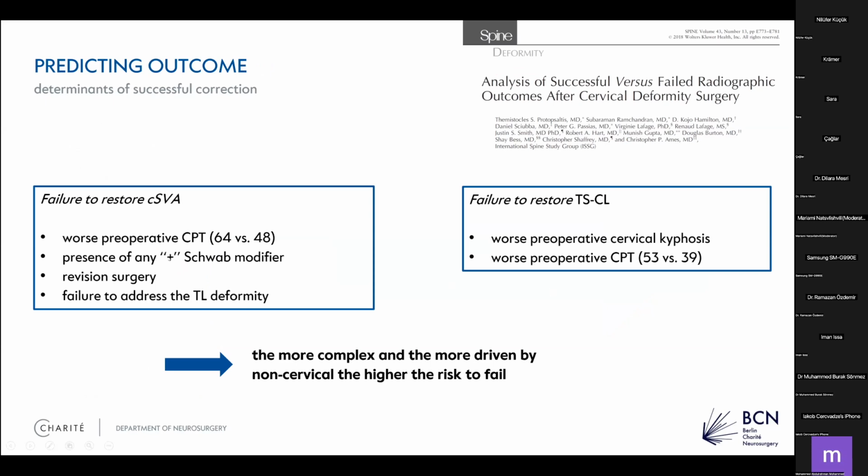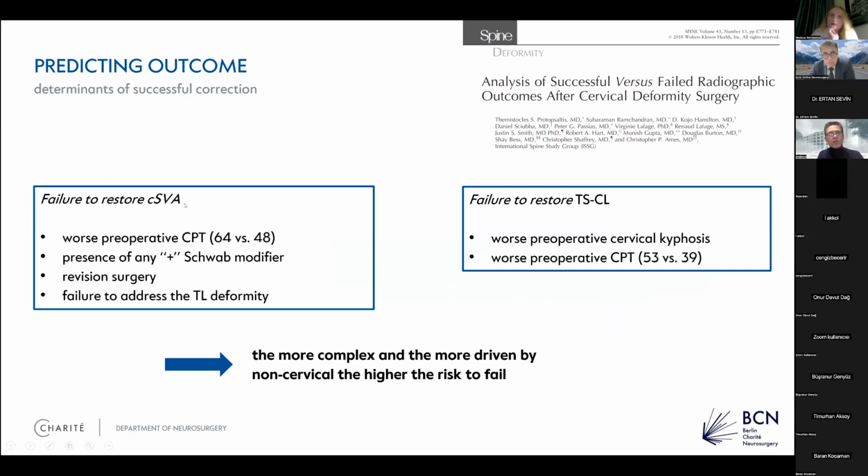And this is another paper basically showing an attempt to understand what is determining the outcome. When do you fail to restore the plumb line, and when do you fail to restore the T1 slope minus cervical lordosis?